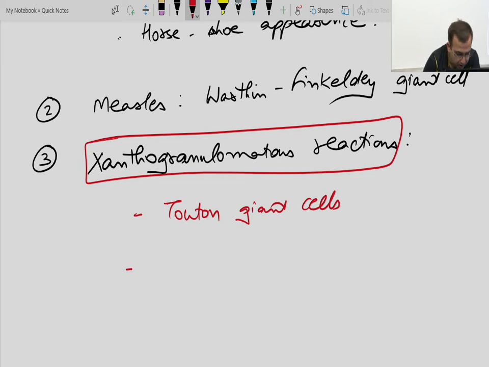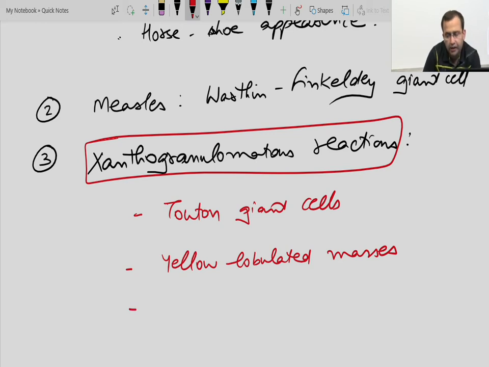Next point, xanthogranulomatous inflammation presents as yellow lobulated masses, which are more common after the 5th decade.